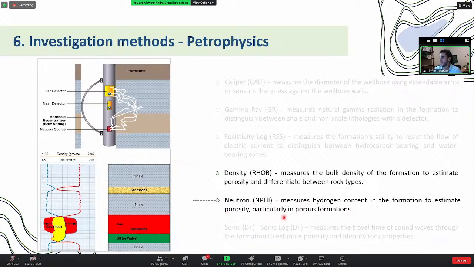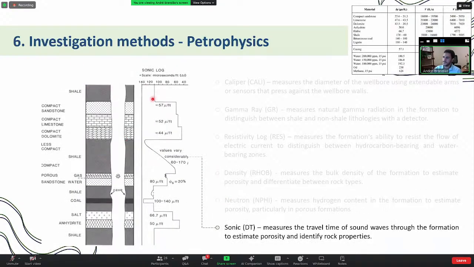We also have neutron, which helps us measure the hydrogen content and basically the porosity of the rock if there is any fluid. These two tools are commonly used together. And we also have the sonic. Basically, we propagate a sound wave through these rocks and measure the time that it takes to travel.